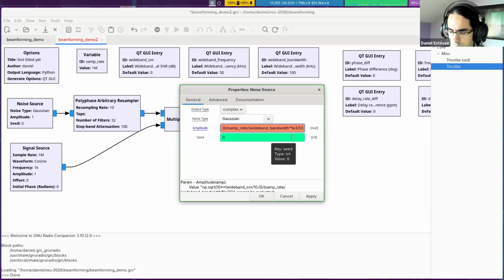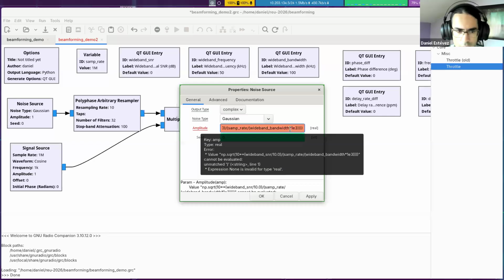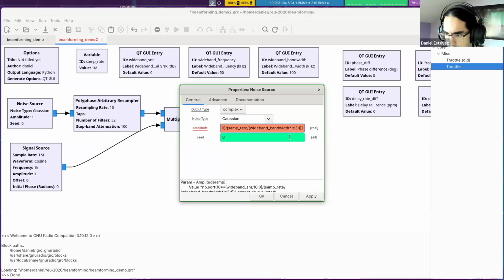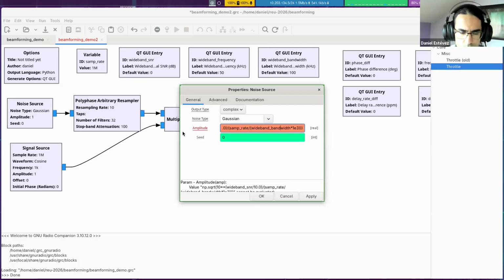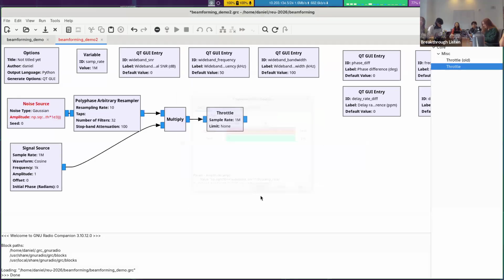Let's see, I'm missing some parentheses. How many do I need? You need to import NumPy. Sorry? You need to import NumPy so that NP is not defined. Oh, yeah. Good point.